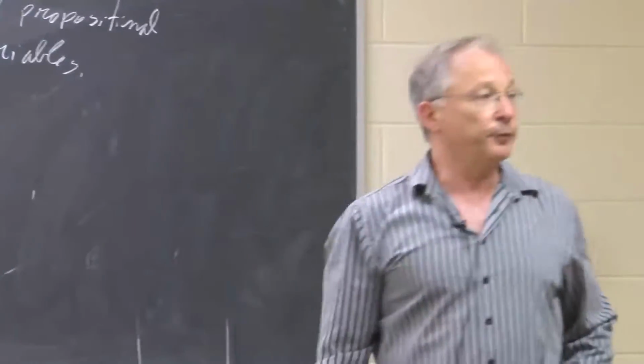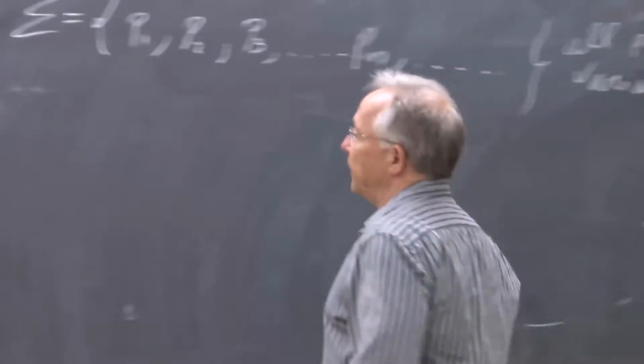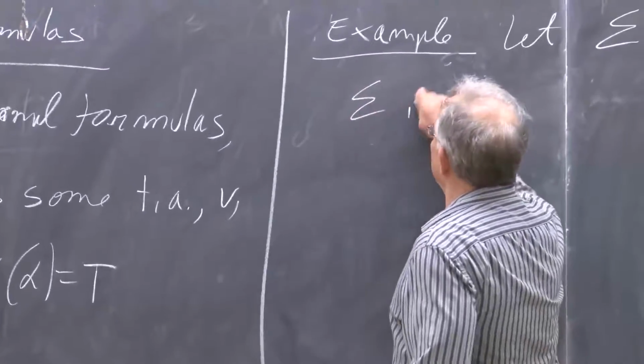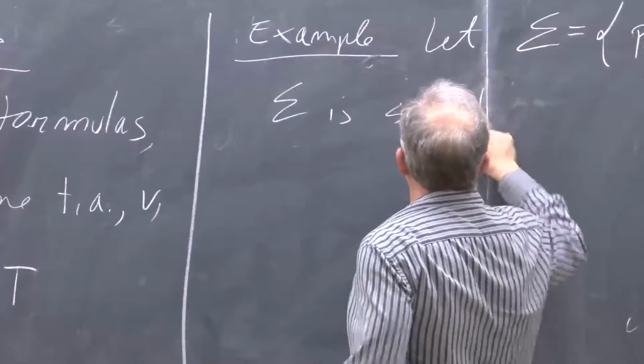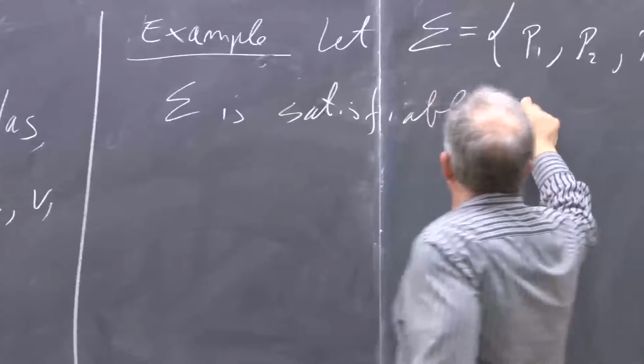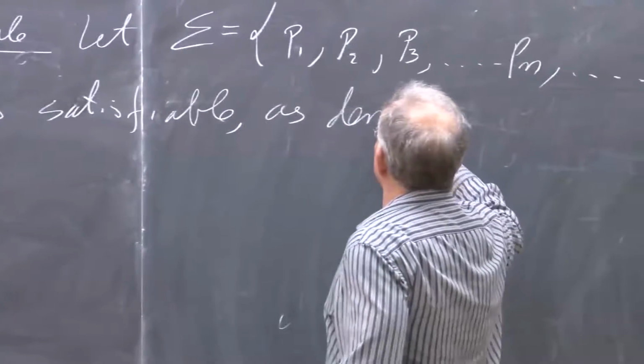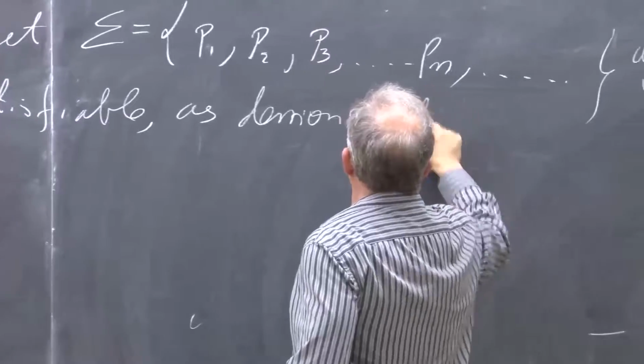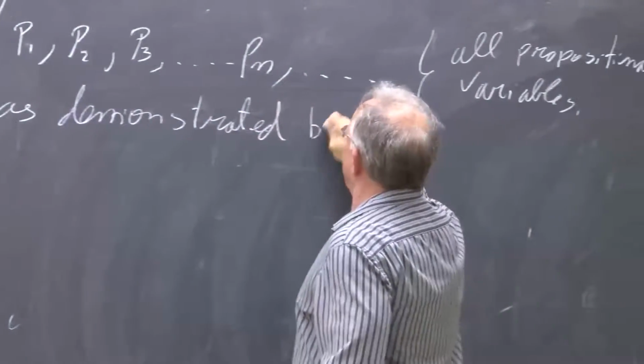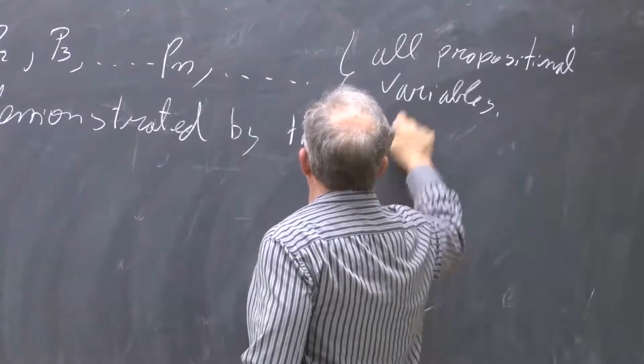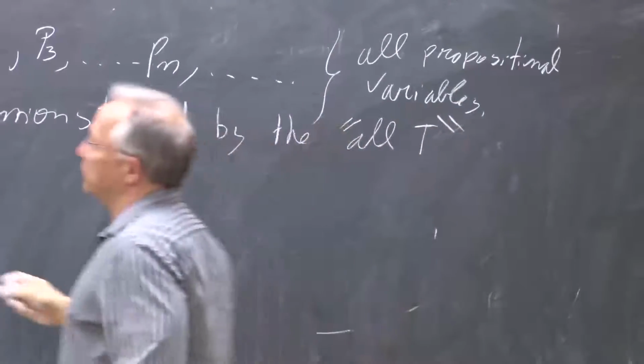I claim that this infinite sigma is satisfiable. How can we show that? All I need to do is give you a truth assignment that makes all of them true, right? So sigma is satisfiable, as demonstrated by the all-true truth assignment.